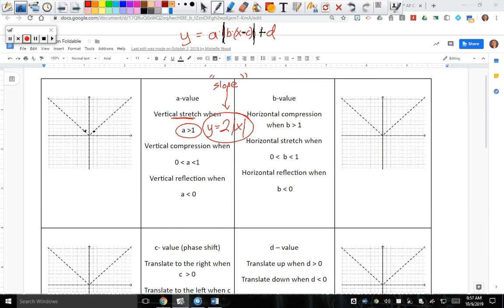So I will go up 2 over 1, up 2 over 1, up 2 over 1, so on and so forth. And I'll go up 2 to the left 1, so on and so forth. And in red, you just saw the graph of 2 times the absolute value of x. So that would mean it's a vertical stretch by a factor of 2. Perfect. That's exactly how it's going to be worded: vertical stretch by a factor of 2.